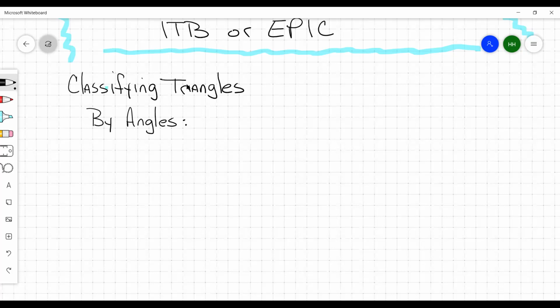And when you're classifying triangles by angles, you have an acute triangle. Acute triangle. That has 3 acute angles.